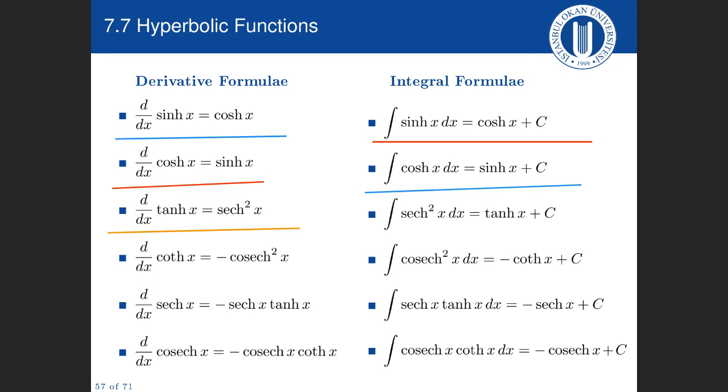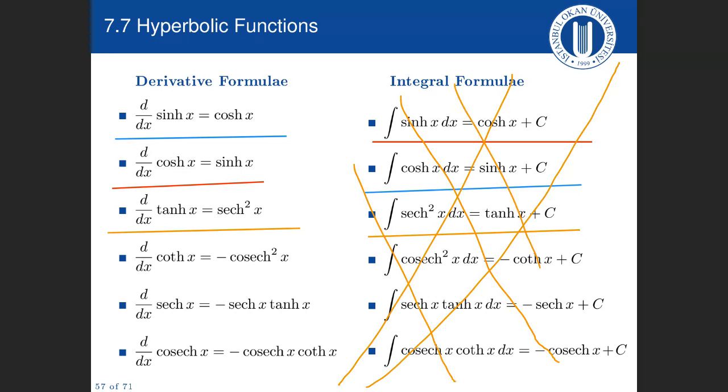The derivative of tan is sec squared, so the integral of sec squared is tan x. Now, these integral formulae I will not give you in the final exam because it's basically just the same as the derivative formulae. If you understand the derivative formulae, then you can use them to write down the integral formulae.